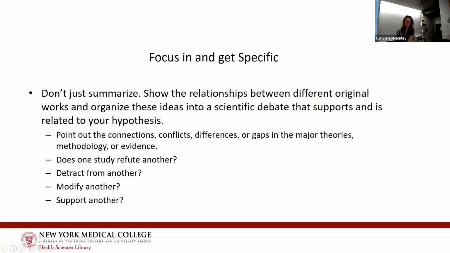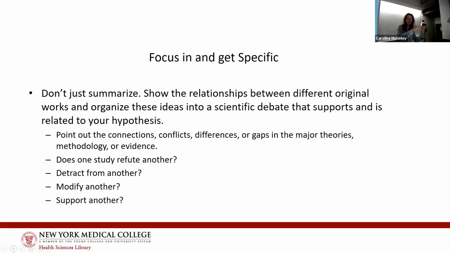You're pointing out the conflicts and the differences. Authors of study A and study B agree on this particular topic. However, author of study C noticed that there was a gap in their research. So author C is connected to authors A and B because he's filling in that gap.